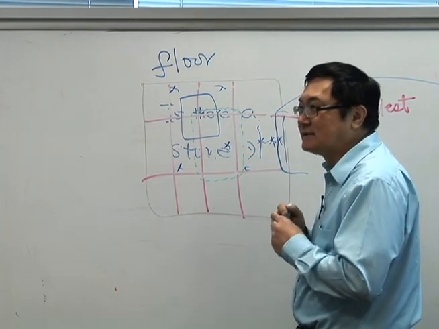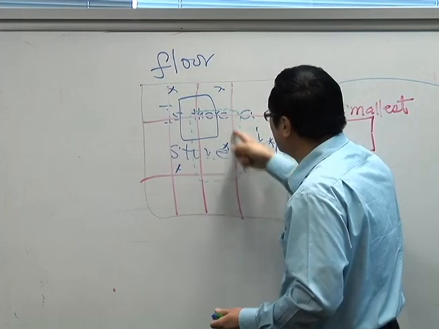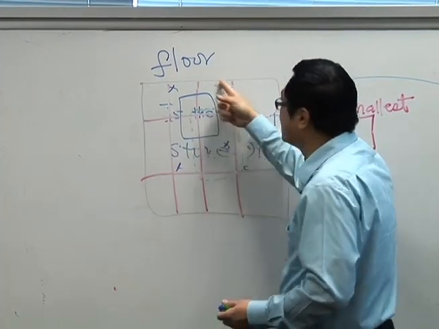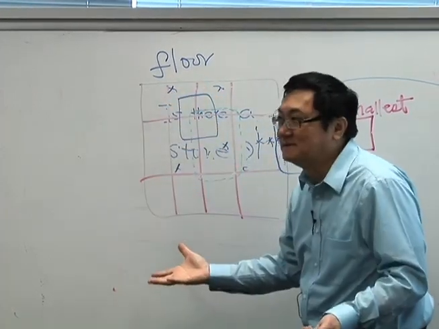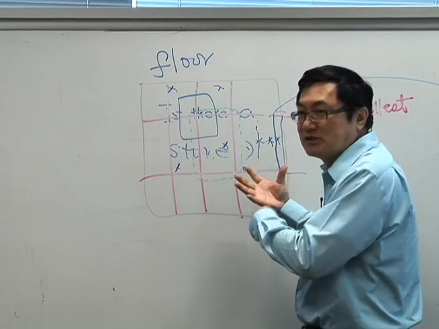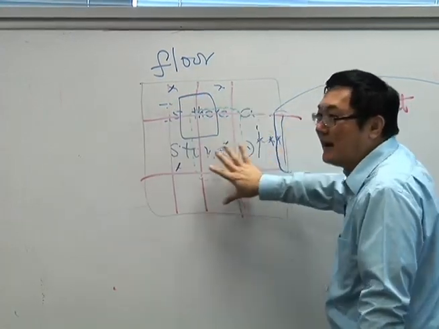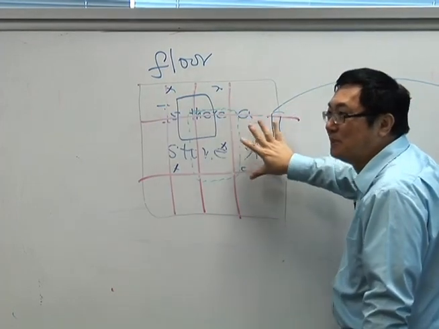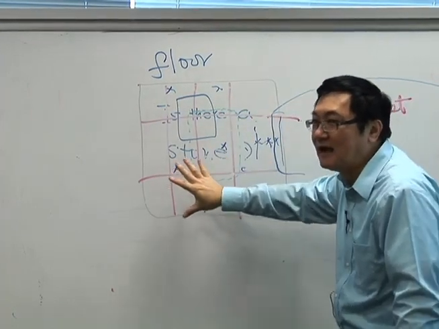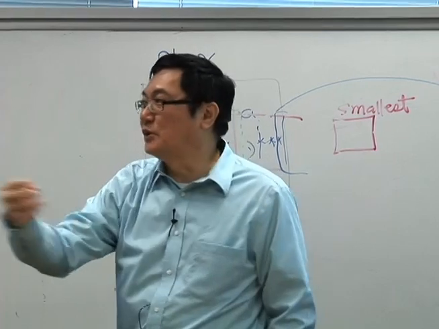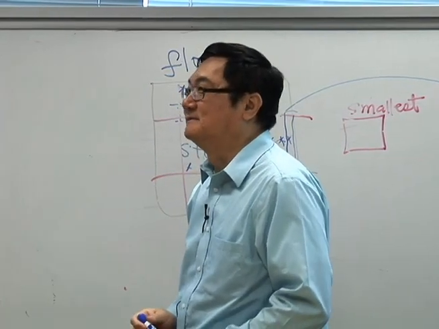Then ideally, you are going to have 4 cells completely covered by the smallest stone. And then you move around, no matter which position you put it, at least one cell is completely covered.